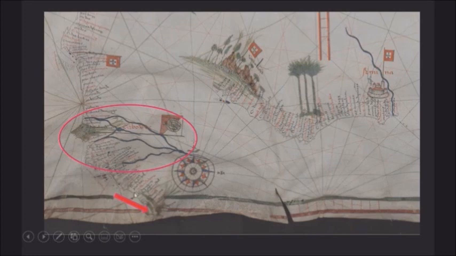They're so interested in ports that when they run out of calf skin or kid skin, which is what these portolans are written upon, they actually insert a whole segment of the coast as an insert. An interesting cartographic invention. You should know that this is where it's begun, in a sense.